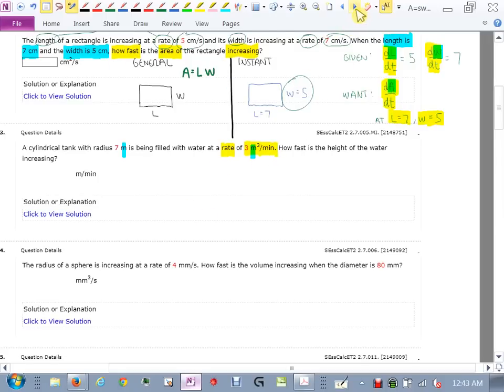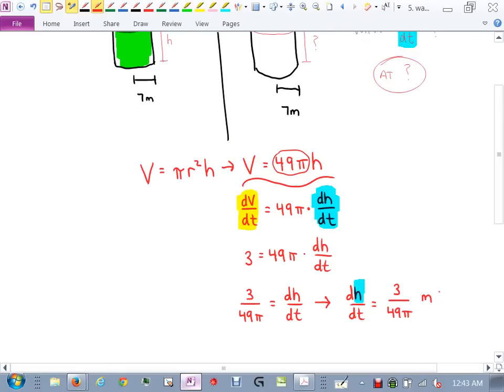Yeah, minutes. So it'll be meters per minute. Right there. That is the rate at which the height of the water is increasing. So that's really how fast it's coming up the side of the tank, in meters per minute.